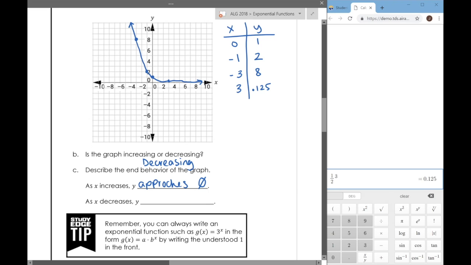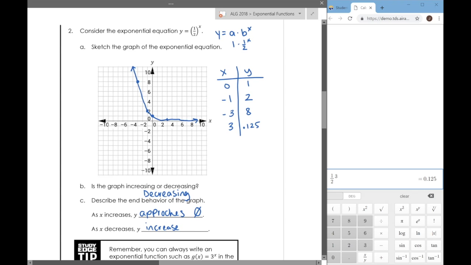So what happens with my y's? Well, my y's increase. So notice, whenever your x's decrease, your numbers on the y's get bigger. When your numbers on the x increase, your numbers on the y's decrease. Okay? So notice the difference with this one.